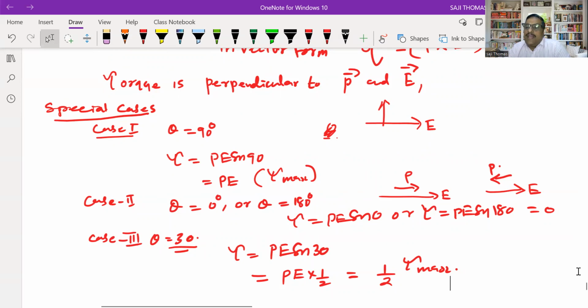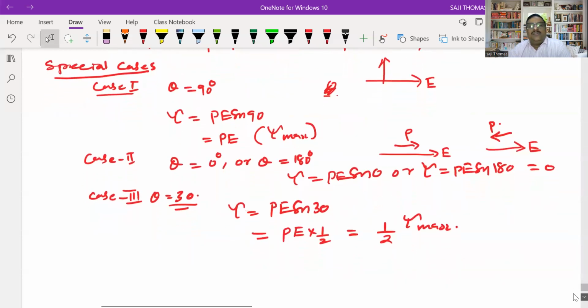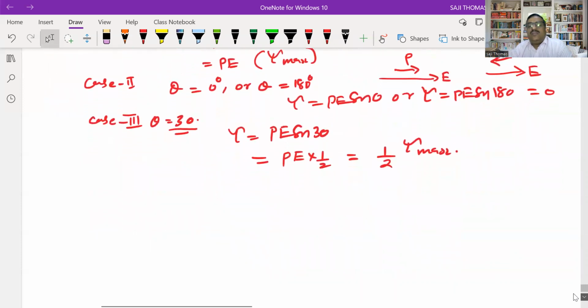When will the torque be maximum? When the dipole is perpendicular to the electric field, the torque acting on it will be maximum. When will the torque be zero or minimum? When the dipole is placed parallel or anti-parallel to the electric field. What is the equation for torque?